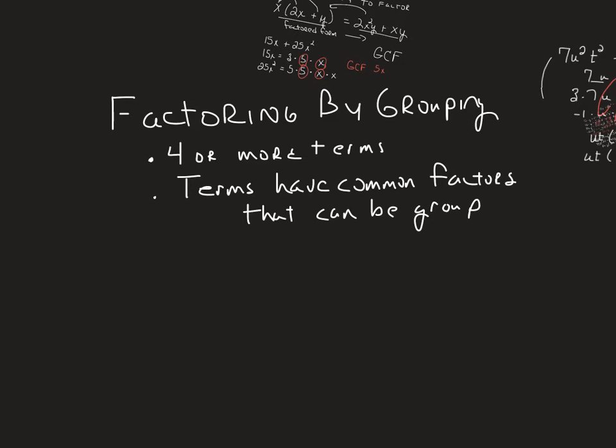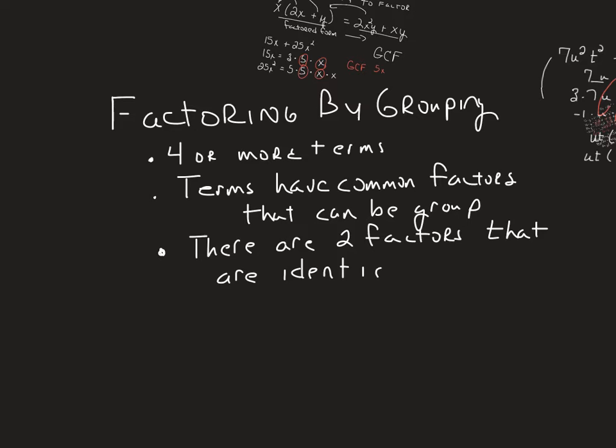And there must be 2 common factors that are identical or additive inverses of each other. There must be 2 factors that are the same or identical or the additive inverses of each other.